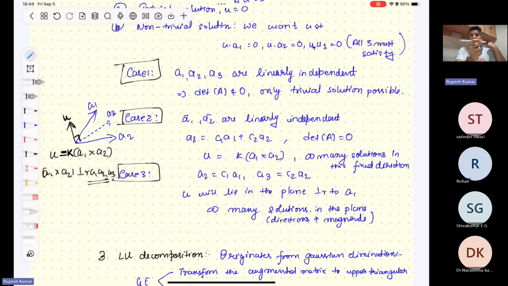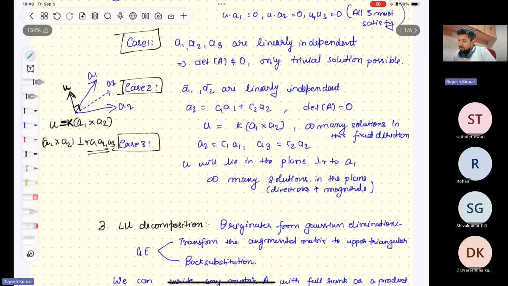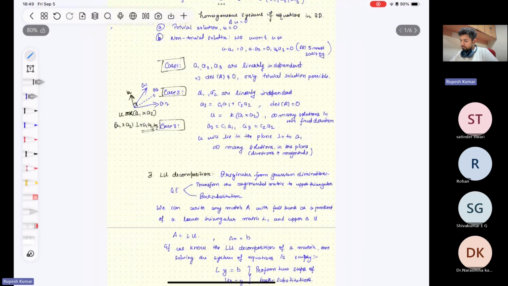So let's say this is the direction in which all the three column vectors align. Now my hand is the plane, which is perpendicular to this direction. So you can have infinitely many possible directions as well as scalings to get infinite possible solutions. So this is a solution to the homogeneous system of equations in 3D.